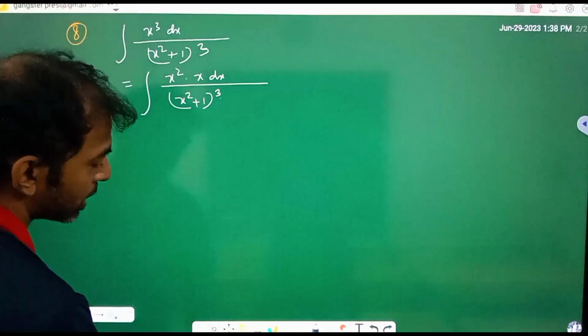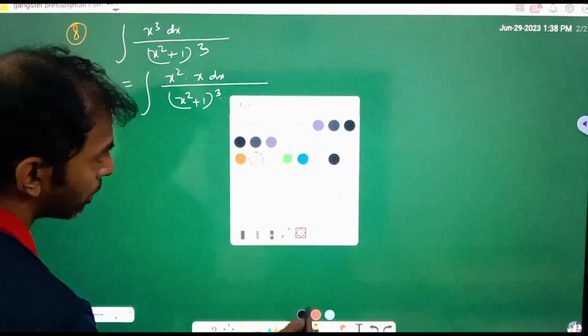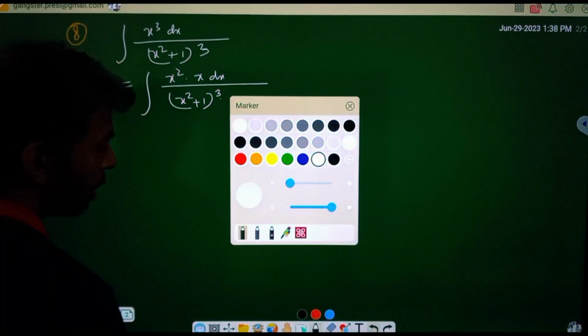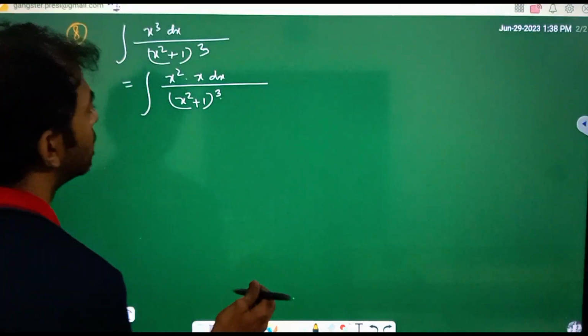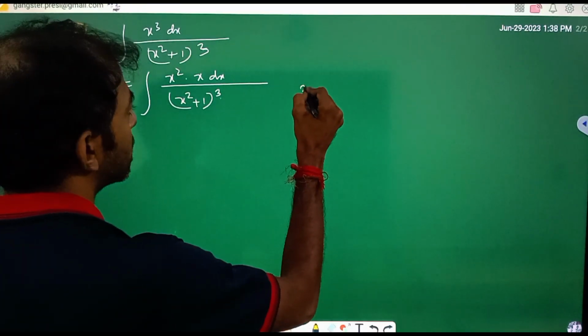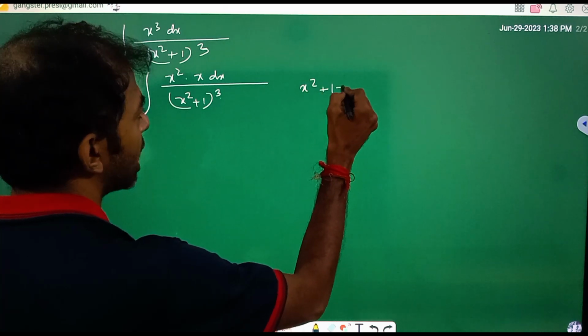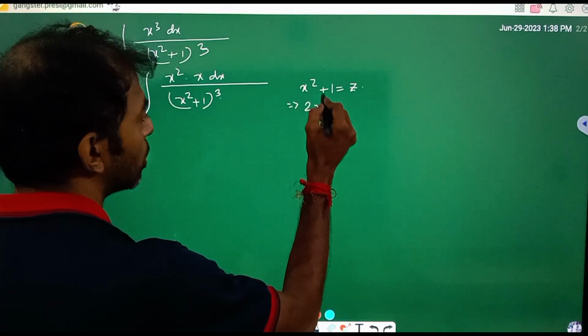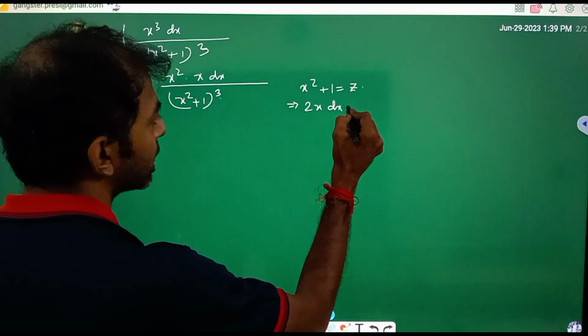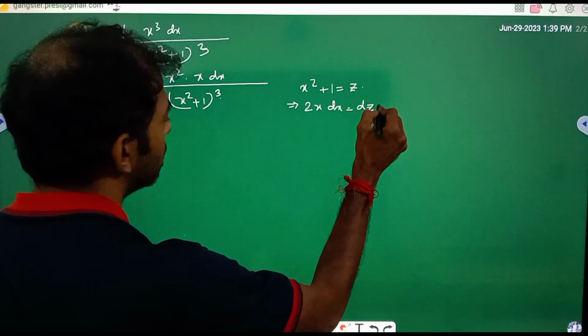I'm just going to substitute x square plus 1 by z. So after substituting x square plus 1 as z, the derivative of x square plus 1, that will be 2x into dx, and that will be dz.